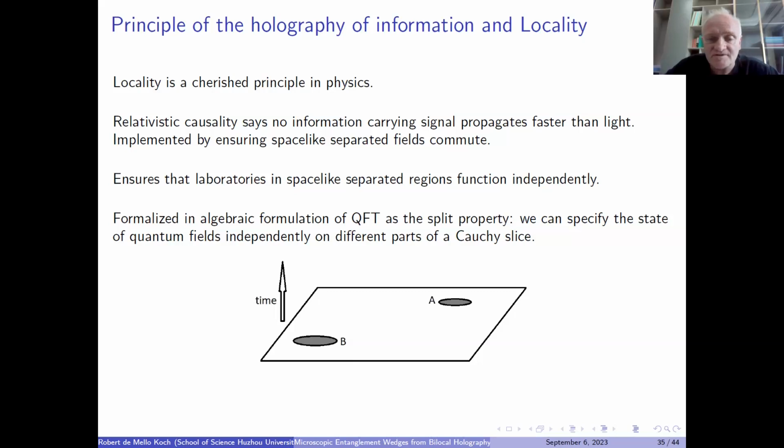If, for example, you were specifying an initial wave functional on this Cauchy slice, you can specify the value of the wave functional in A completely independently of what you specify in B. They're space-like separated, they have nothing to do with each other. If there was a laboratory in A and another laboratory in B, they would function completely independently.